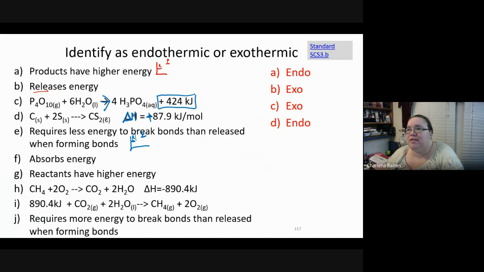I would have that little hump in there, but we are looking at an exothermic process. For F, if we are absorbing energy, the absorption of energy by definition is an endothermic process.